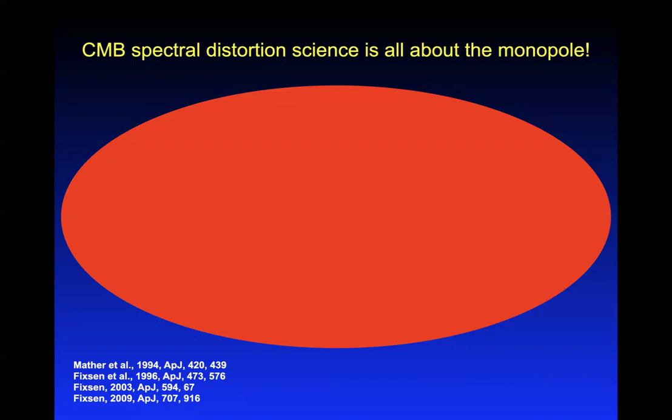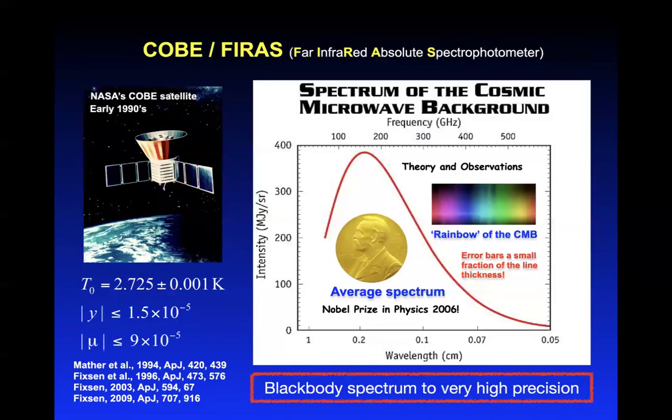And we are learning basically from the energy distribution of this signal. This energy distribution has been shown to be that of a black body to extremely high precision by COBE-FIRAS in the 1980s, 90s.